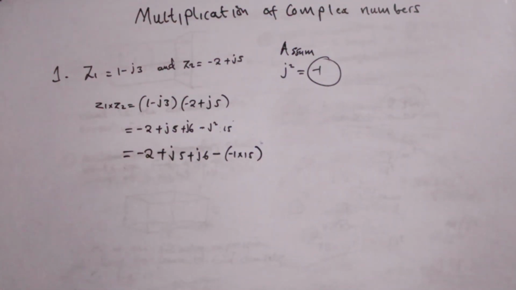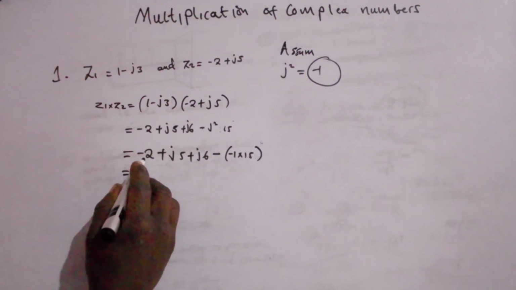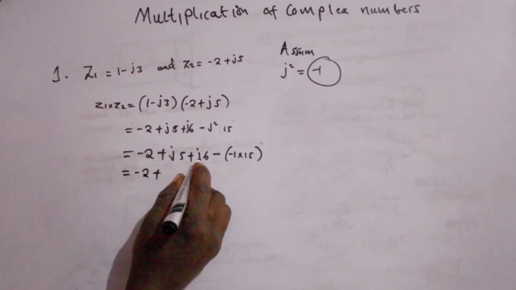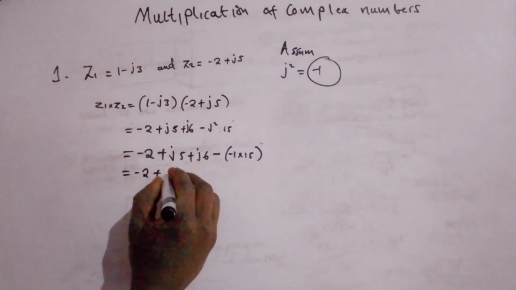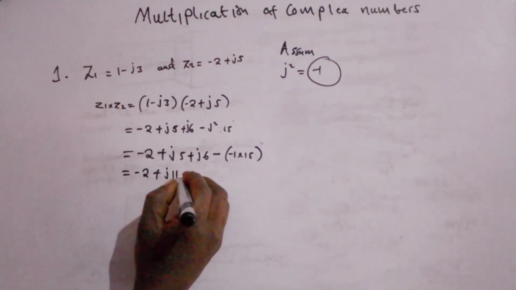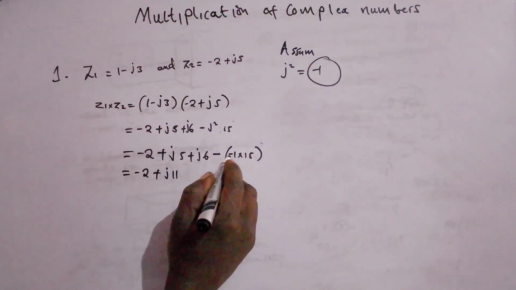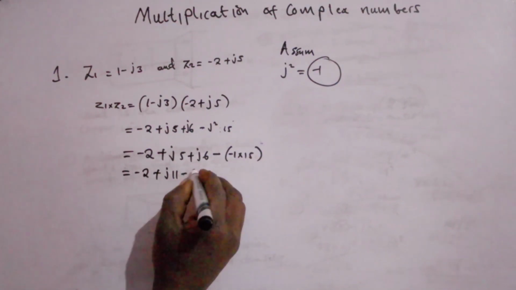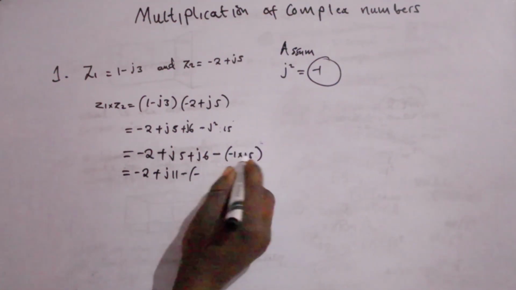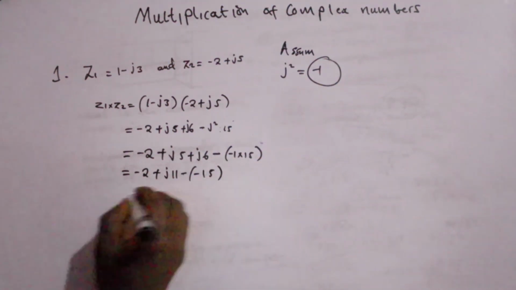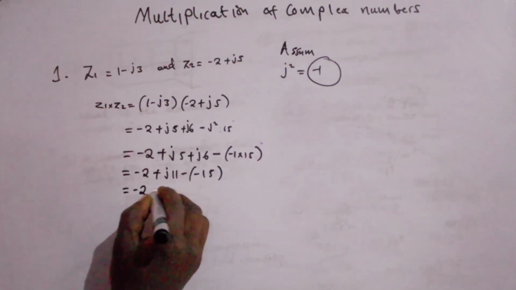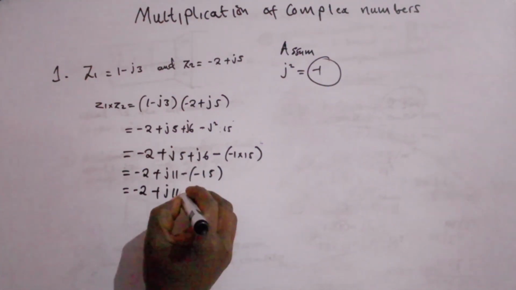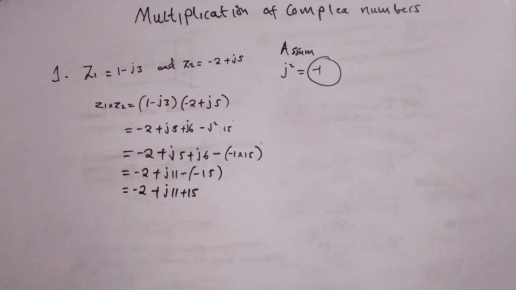Okay, in which you're going to have minus 2 plus 5i plus 6i, you are going to have 11i, then negative times negative. Let's multiply first what is in the bracket, minus, open bracket, minus negative 1 times 15, which is negative 15, close the brackets, then minus 2 plus 11i, then negative times negative, which is positive 15 here.